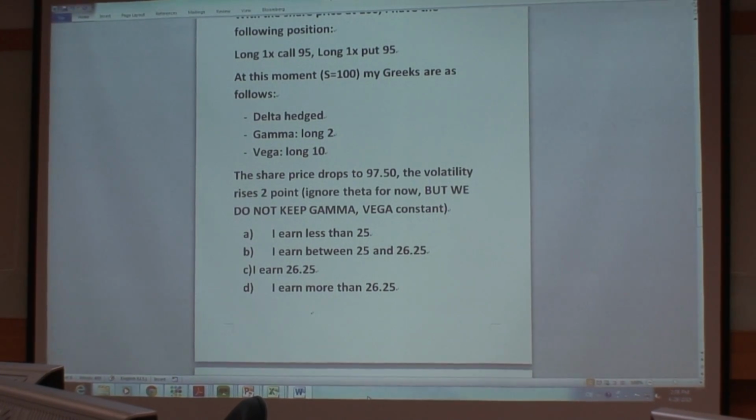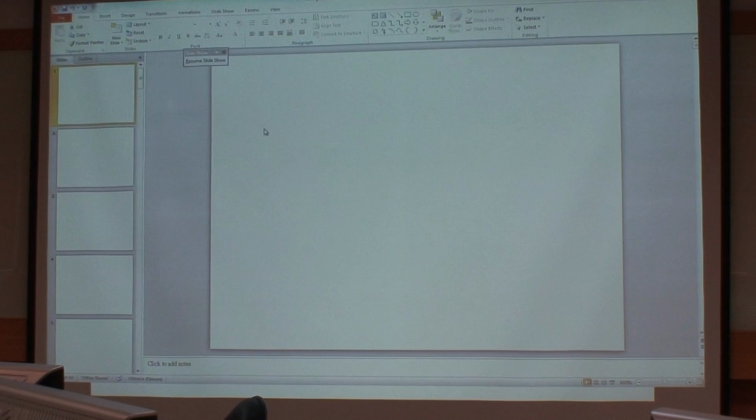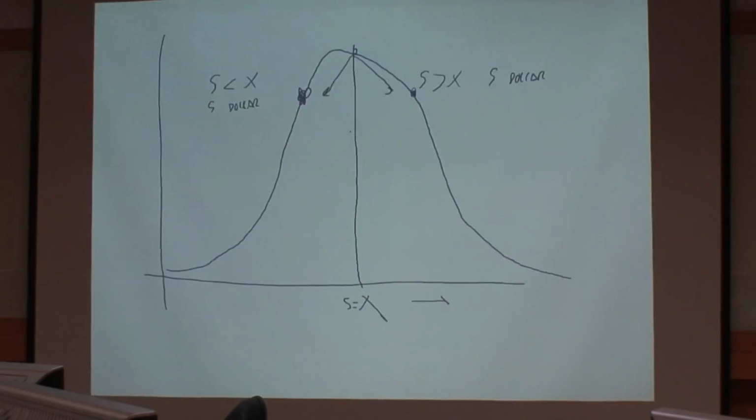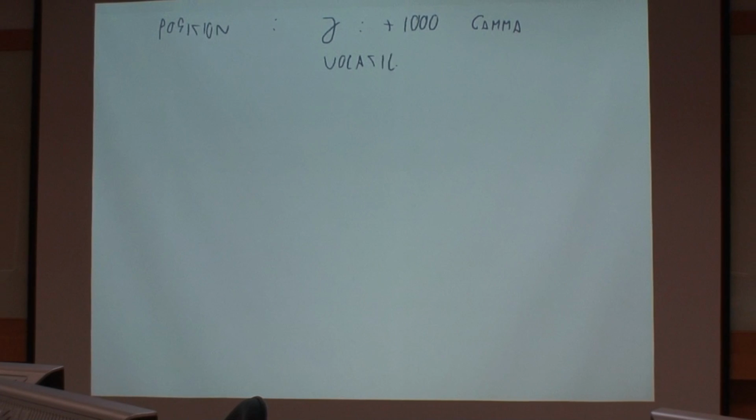Okay, in this question I'm first going to split into another one. Because what we can calculate, if I would have a position that is as follows. I'm long 1000 gamma and volatility is 32.